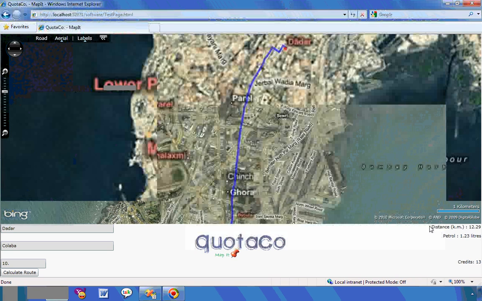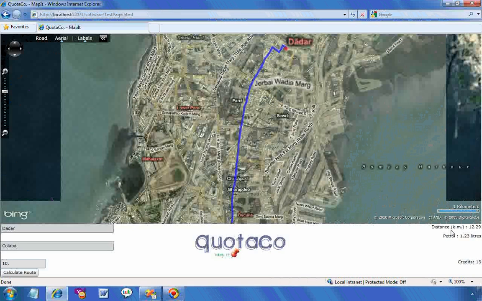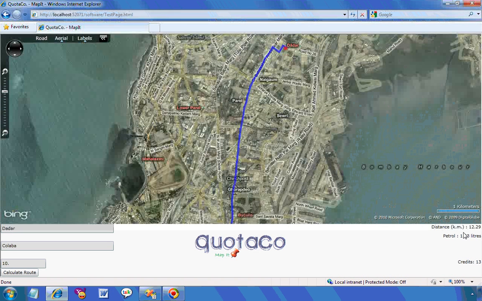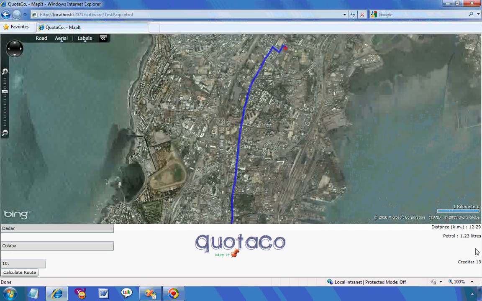And also it tells me that if I take this route, I need to have 1.23 liters of petrol, which is an equivalent of 13 credits.